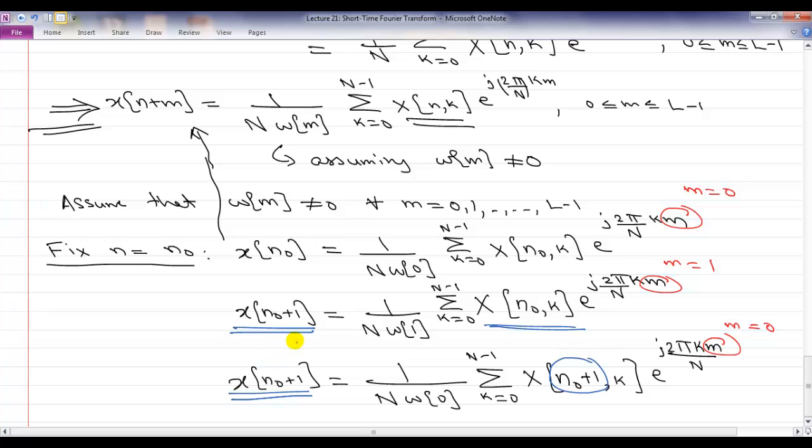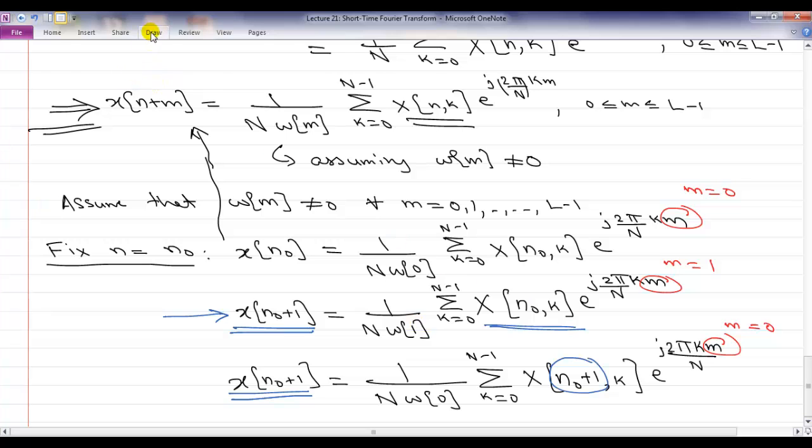What this says is that I could have thrown away the whole values associated with the index n naught plus 1, and still have recovered everything about my sequence, because I could recover x of n naught plus 1 by incrementing my little m rather than incrementing little n.